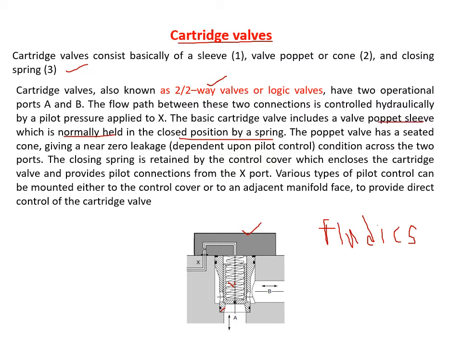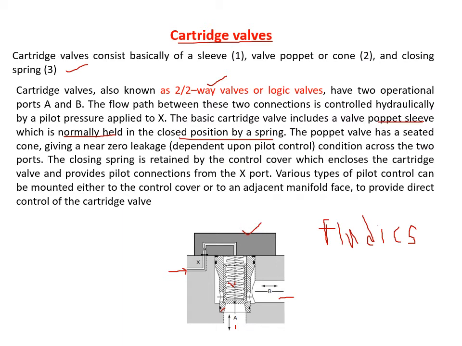And this is a poppet. You can see that the poppet valve has a seated cone giving zero leakage conditions across the two ports. That means it has two ports. This is port A, this is port B, and there is a pilot port which is called port X. The closing spring is retained by a cover which encloses the cartridge valve.